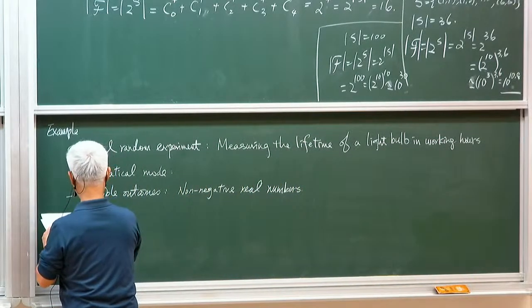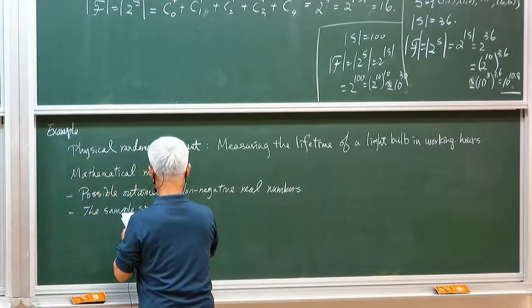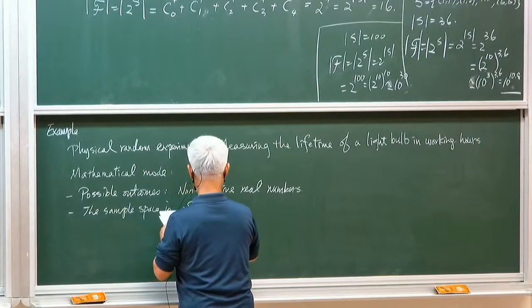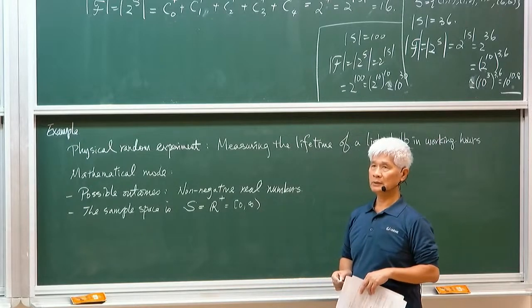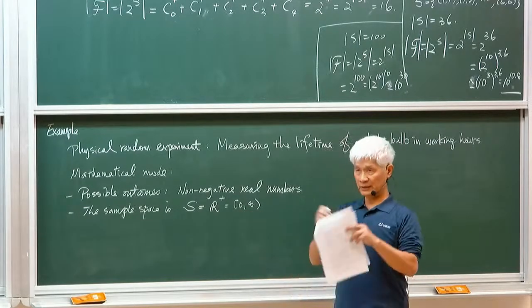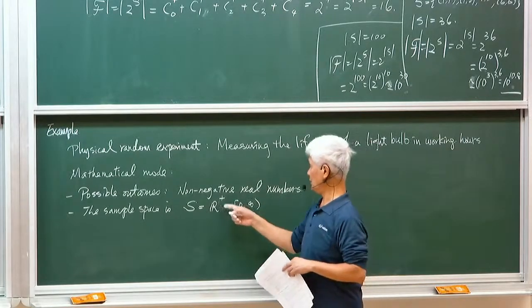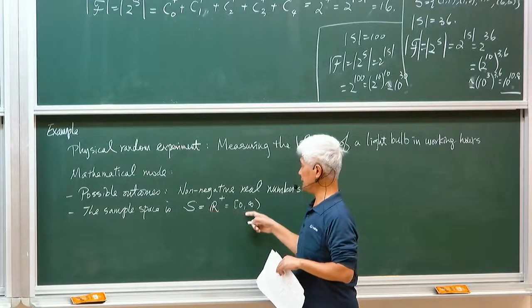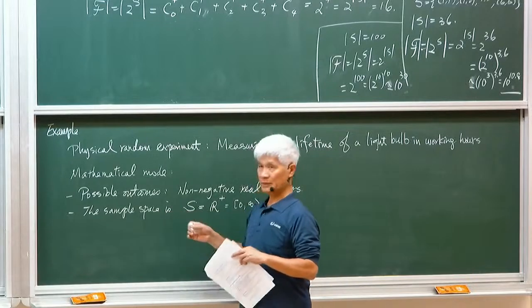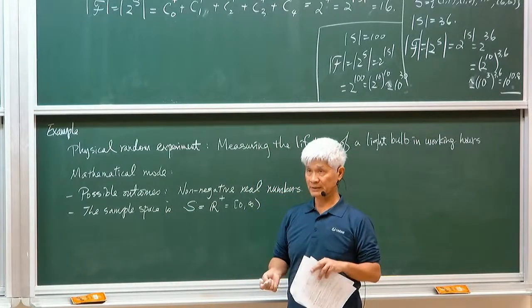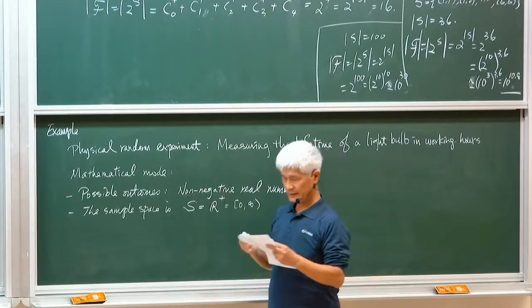So the sample space is this infinite interval, because we know how to express the set of all possible non-negative real numbers. It can be represented by an interval here. So the sample space is the set of all possible outcomes, which are non-negative numbers.